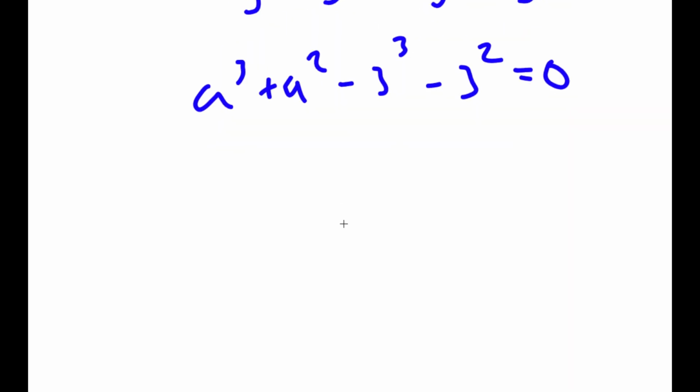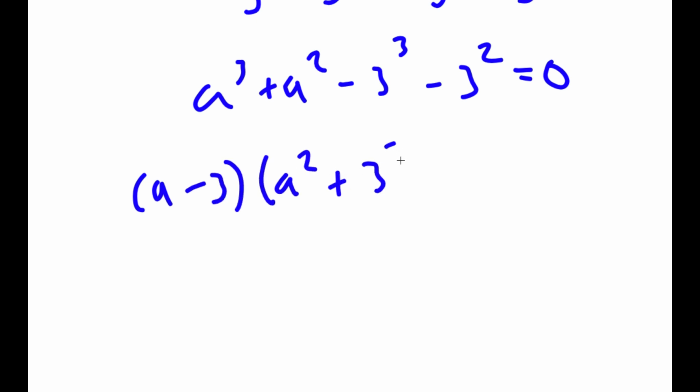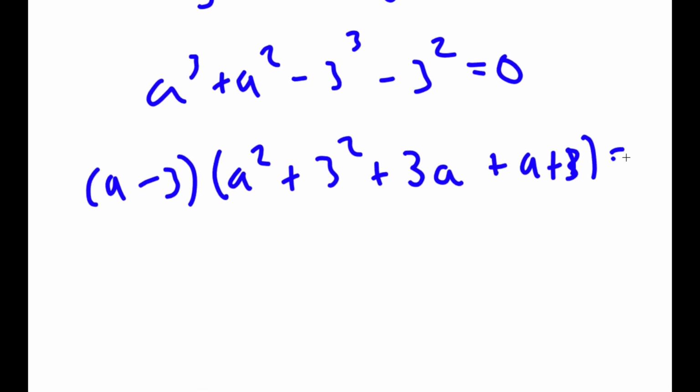Now I can rewrite this to be in the form a minus 3 times a squared plus 3 squared plus a plus 3 is equal to 0.